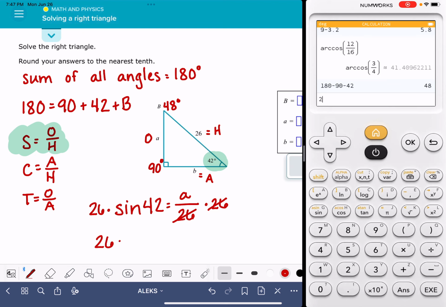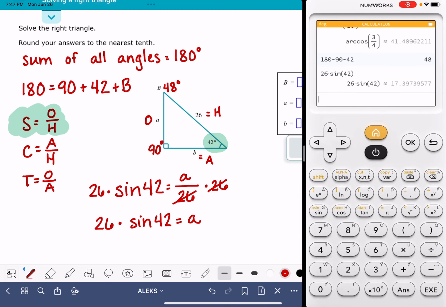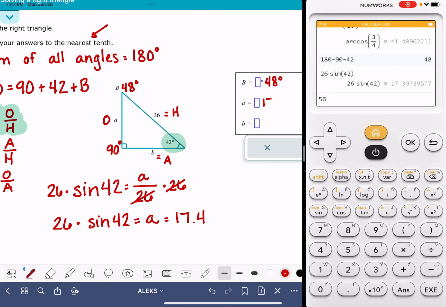We're going to get 26 times the sine of 42 is equal to A. Make sure that your calculator is in degrees, not in radians, and then go ahead and carry out the math on this. 26 times the sine of 42 gives us a side length of 17. ALEKS wants the answers to the nearest tenth, so that's going to be 17.4. That's my side length of A.